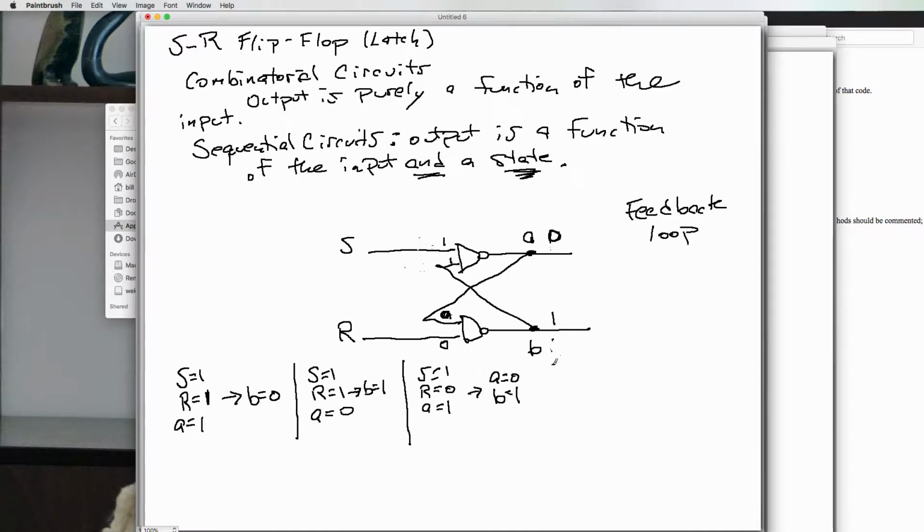Let's consider this situation now, where I do S is equal to 1, R is equal to 0, and now A is equal to 0. And let me go ahead and first erase everything over in here.